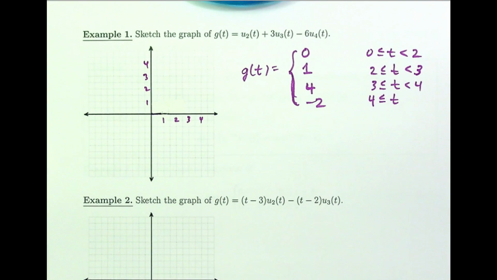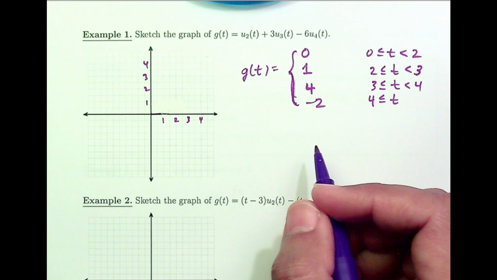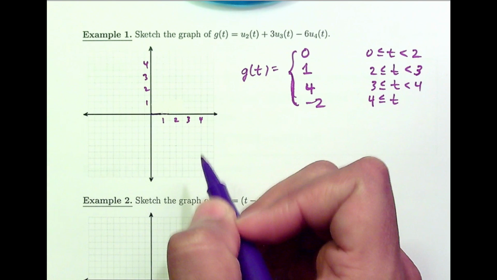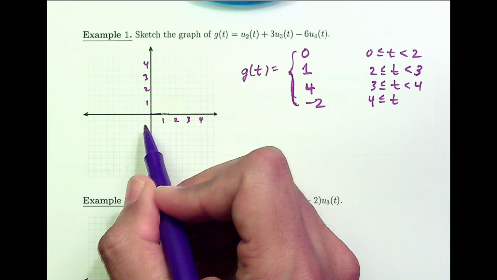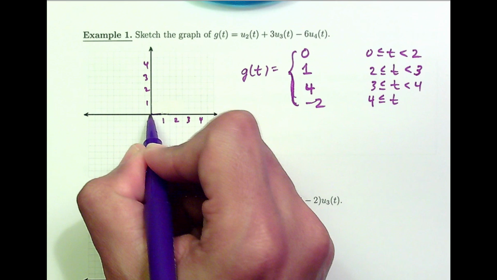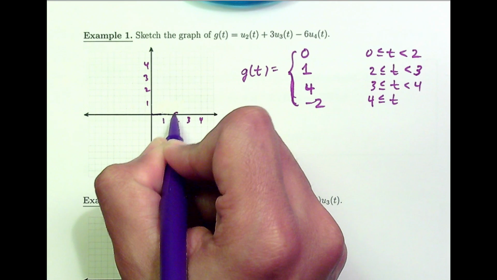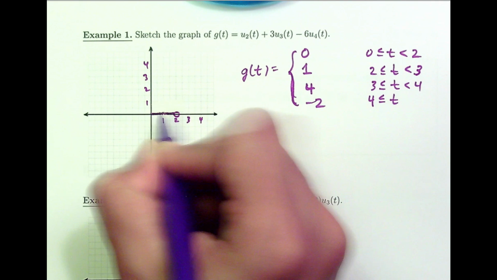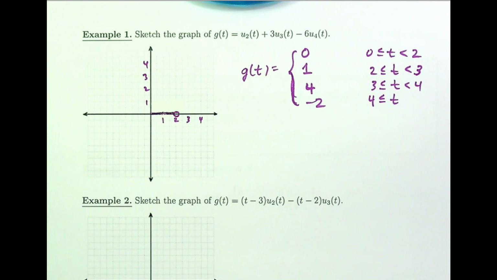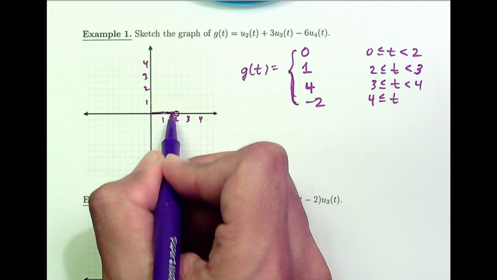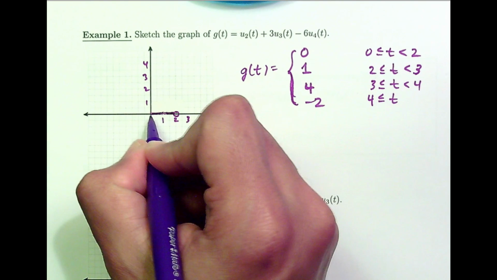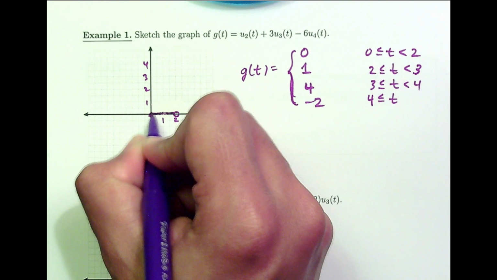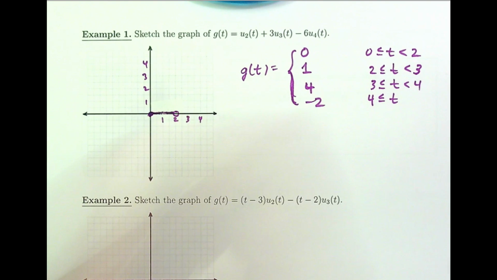Okay. Let's start over again. Between 0 and 2, the value is 0. So you have a 0, and then you have this. This one is included, by the way, at 0 to 0.